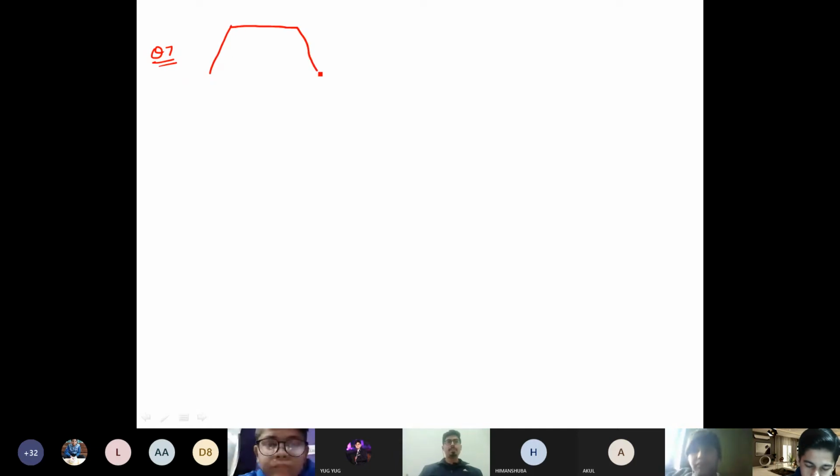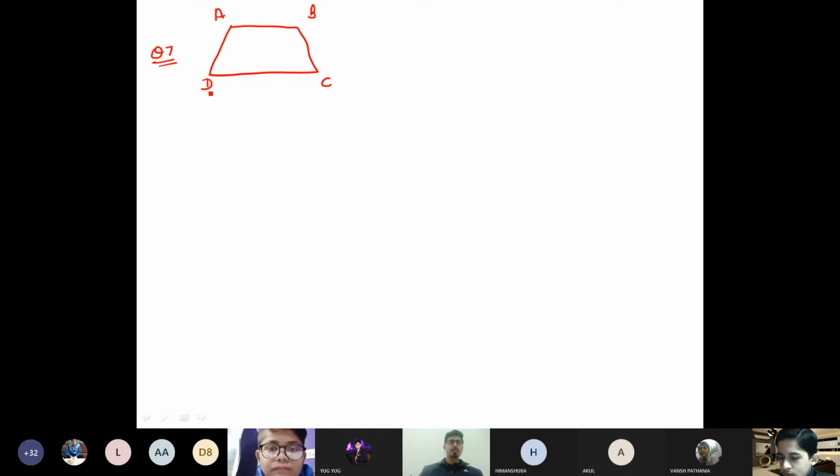So just draw a trapezium and name it as ABCD. The area is 12 meters square. Altitude is 3 meter. So just draw an altitude, name it as AE, and this is 3 meter.